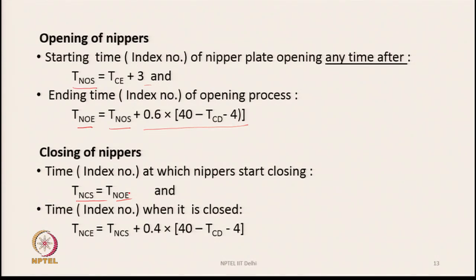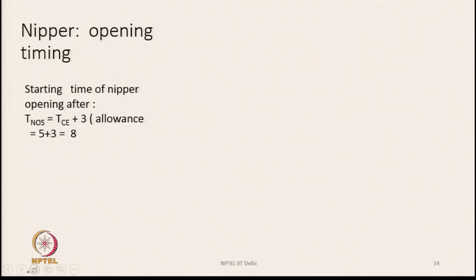They should always be the same timing, and the closing will continue over a little period of time. How long will it continue? That time will be TNCS plus 40% of the time available, that is 0.4 into 40 minus TCD minus 4. So, this is how we can set the timing.